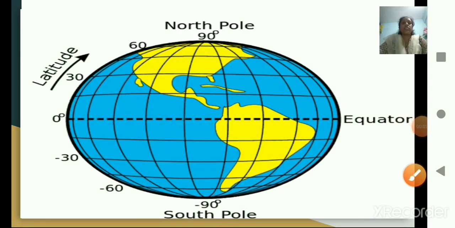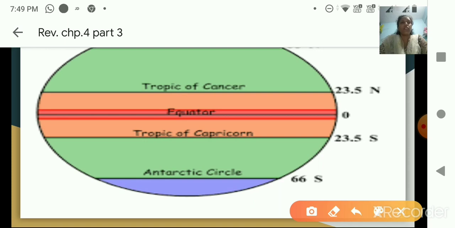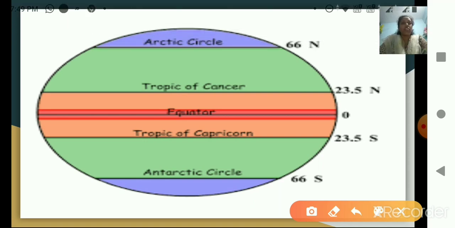Now let's see 5 major parallels of latitude. Okay, so here is the image. 5 major parallels of latitude from north to south. Let us see one by one. This is Arctic Circle.